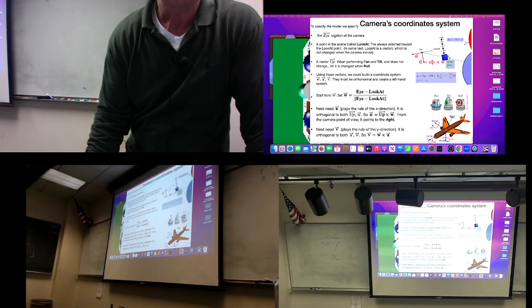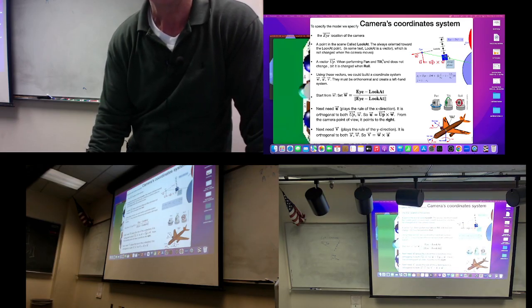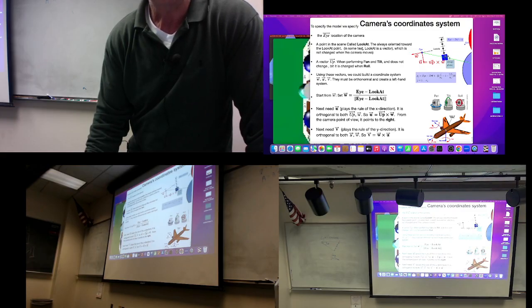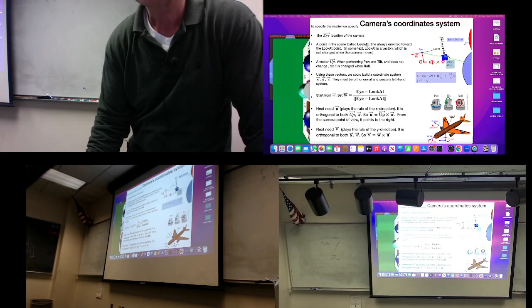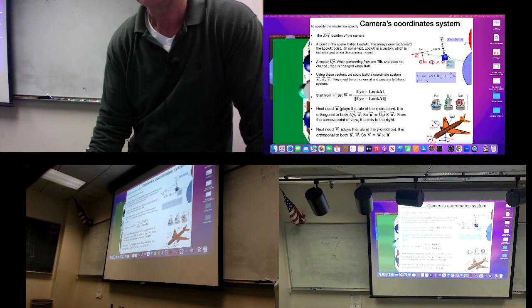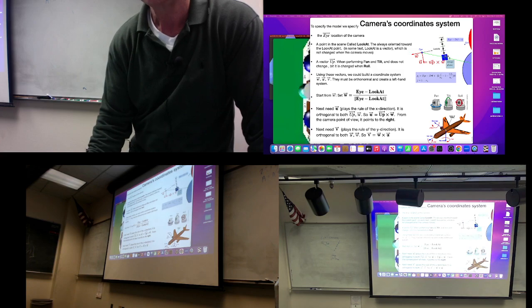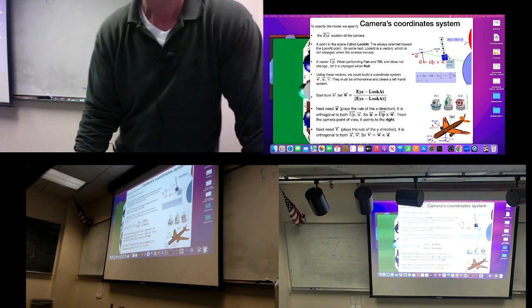Okay, so we have the eye location. Eye camera is the same thing. And we start from the look at vector. The look at vector might be a single point, or it might be a direction. In my homework, it will be a single point that you're looking at, the direction, of course, not the camera itself.